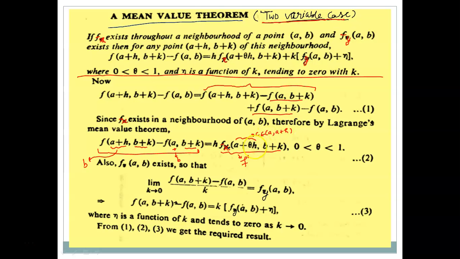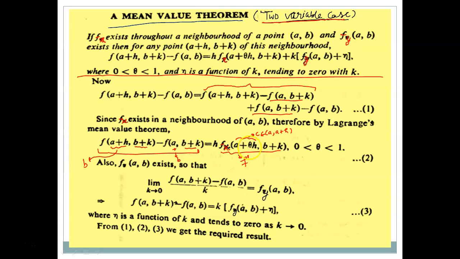That is why this c is lying between a and a+h, because here you have considered theta in such a manner that theta lies between 0 and 1. If you take it as 0, then it becomes a only, but a is excluded. We cannot include a here in the open interval. So that is why we keep theta greater than 0.